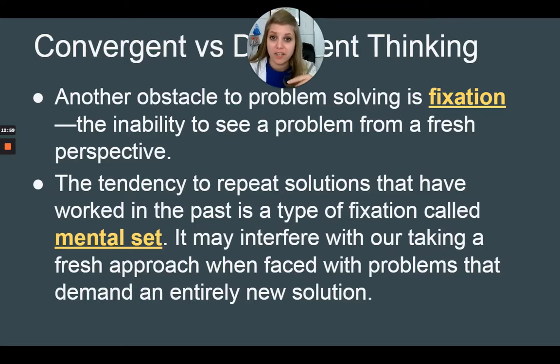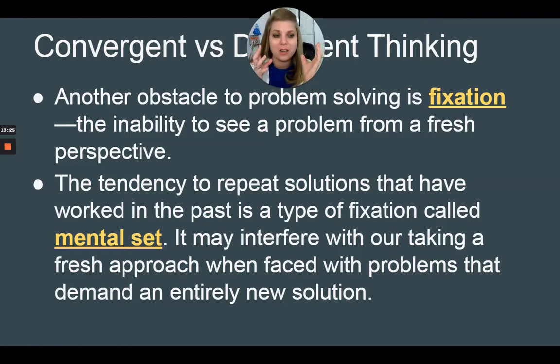There's actually a type of fixation that we do, which is known as mental set, where I think about how I solved this problem in the past, and I go back and try to solve my new problem using things that worked in the past. And it's not always successful, right? What worked at one point in time doesn't mean that it's always going to work.